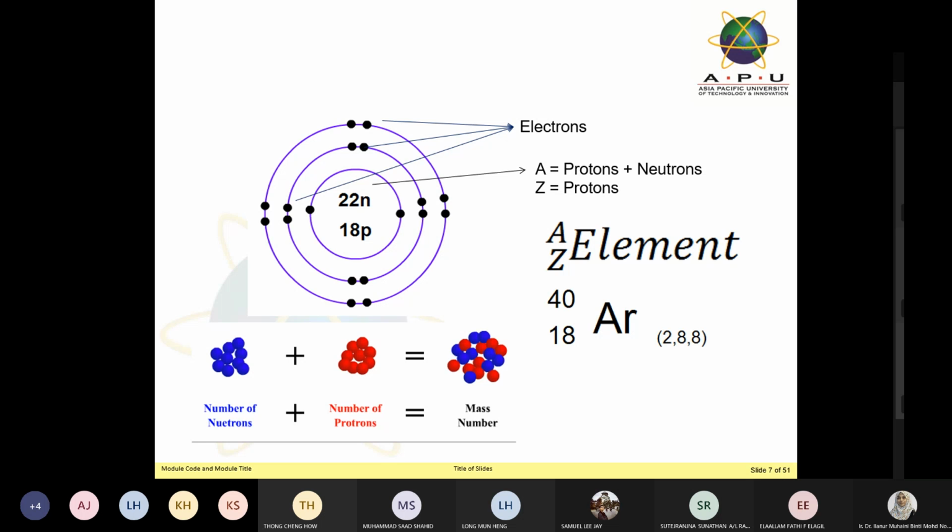After that, maximum number of electrons: 2, 8, 18, 32. Okay.